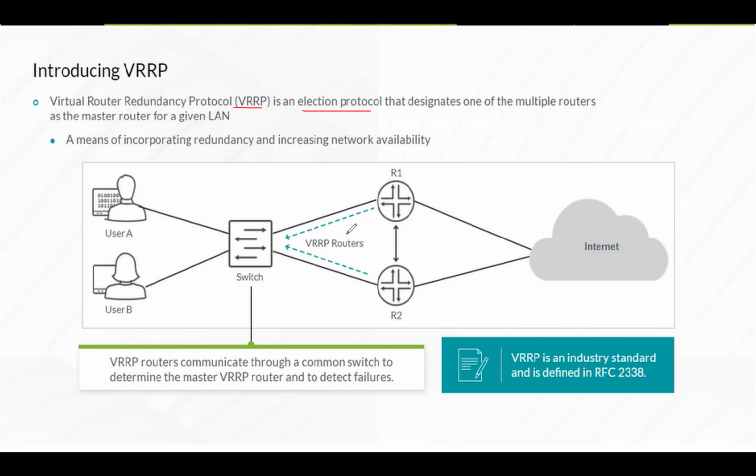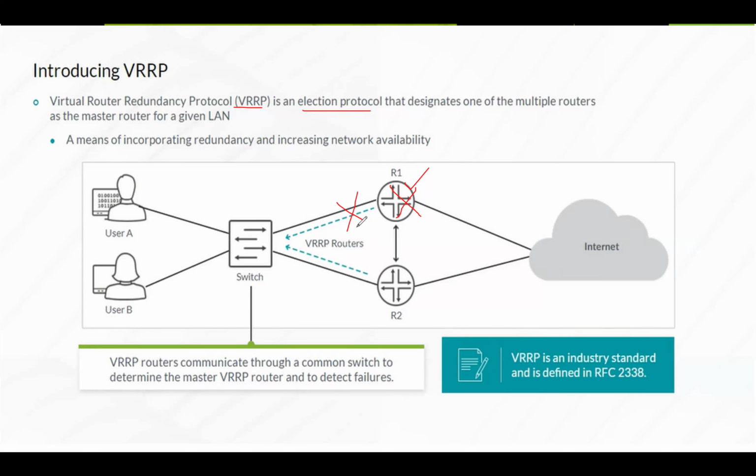See the figure here: router 1 and router 2. Router 1 and router 2 are connected with a single switch, and multiple users are connected with the switch. If one router goes down, it may be due to power, a software crash, or a link down.